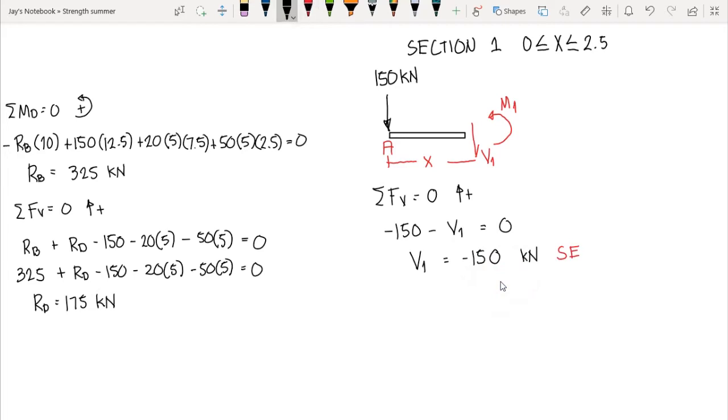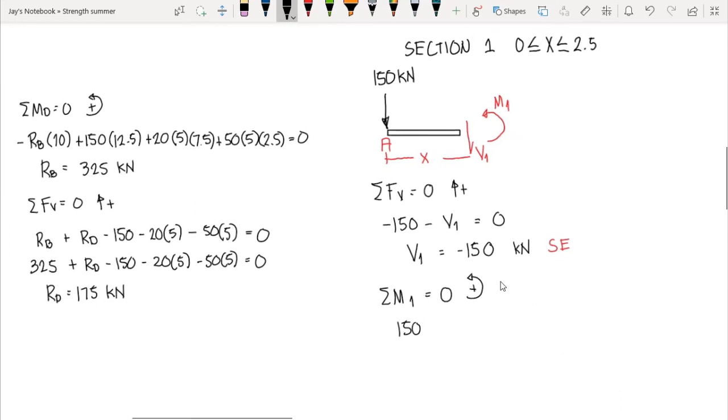Now for the moment equation, we sum up moment at section 1 equal to 0. Counterclockwise are positive. Then we have 150. Again, the rotation of 150 is counterclockwise, so that's positive. Then the moment arm x, plus our internal moment M1 at section 1, that's positive, is equal to 0.